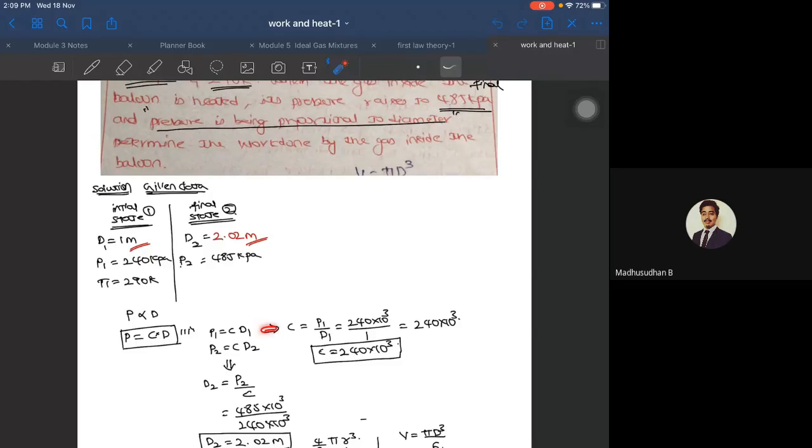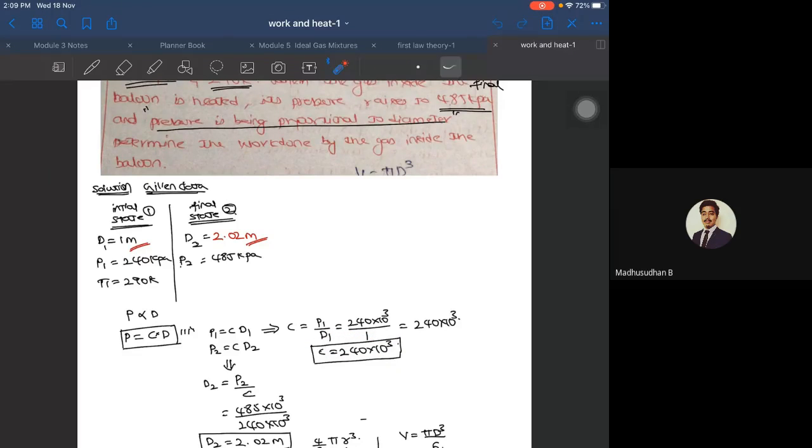Extracting C from this, sending D1 to the other side, C equals P1 divided by D1. Since you know the value of P1 and the value of D1, you can find the value of C. Just substitute P1 and D1, and you'll get the value of C.